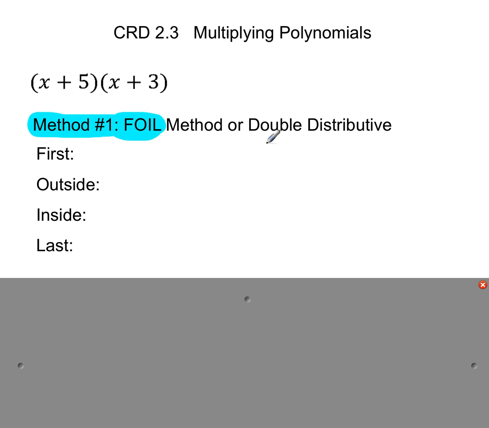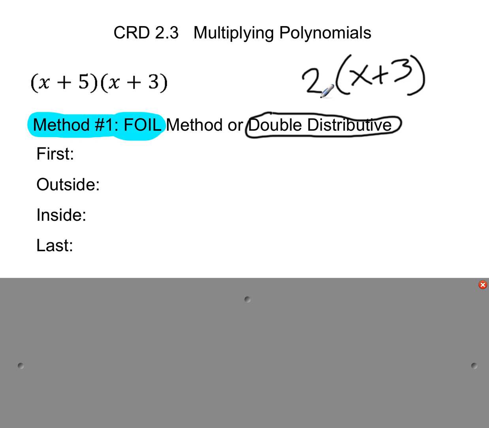Double distributive is something I use also to refer to the FOIL method, but typically I'll say, just FOIL those two binomials. But double distributive might make sense to you because if you had something like 2 times x plus 3, that would be a constant times a binomial. You would distribute 2 into the parentheses and you would get 2x plus 6.